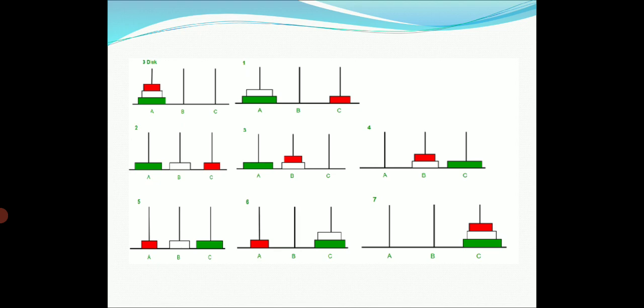Then go to the next picture. Here the disk from C is moved to B, so that the smaller disk is on the larger disk.